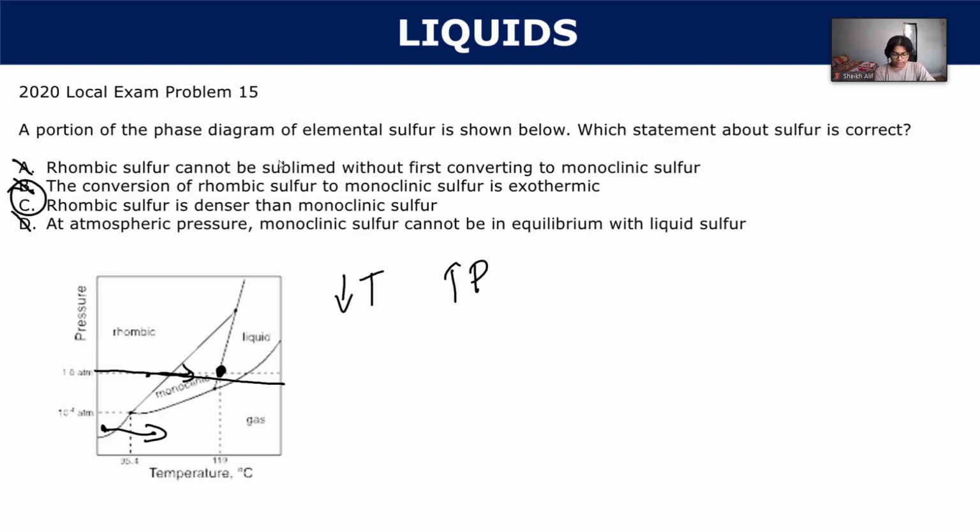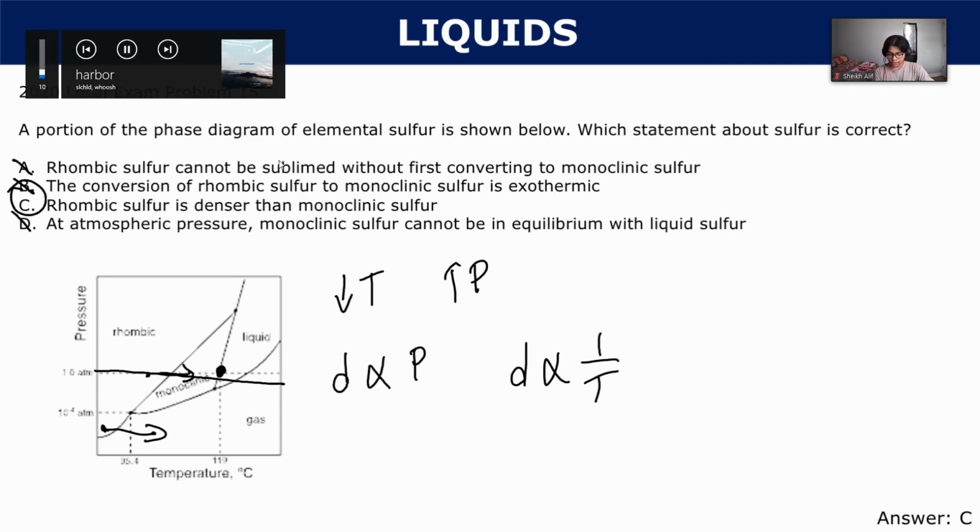And as it turns out, density is proportional to pressure, but it's inversely proportional to temperature. So when you decrease temperature, you are actually increasing density, and when you are increasing pressure, you are also increasing density. So compared to monoclinic sulfur, rhombic sulfur is going to be more dense. And we are correct. All right, let's move on.